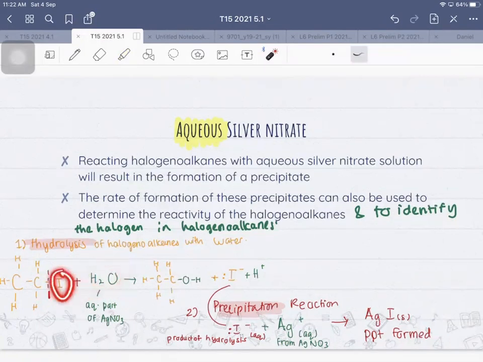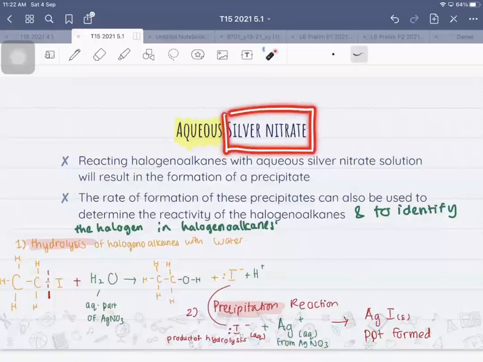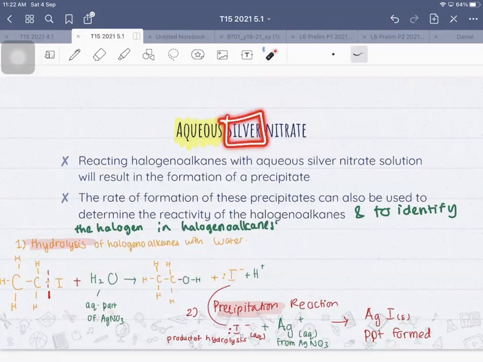The halogen will leave as a leaving group to become a halide, whether it's chloride, bromide, or iodide. After that, the second reaction is with the silver nitrate, more specifically the silver ions. This reaction is called the precipitation reaction.